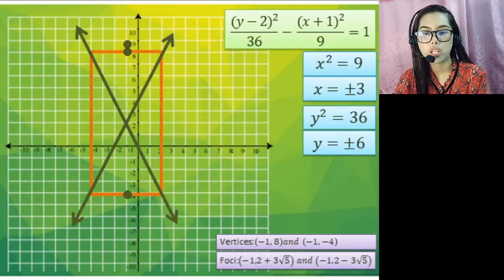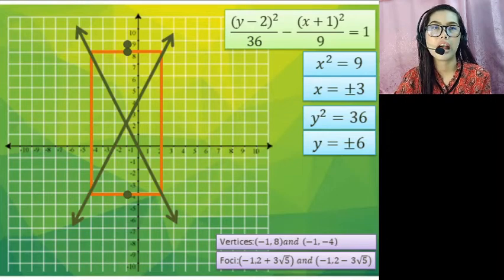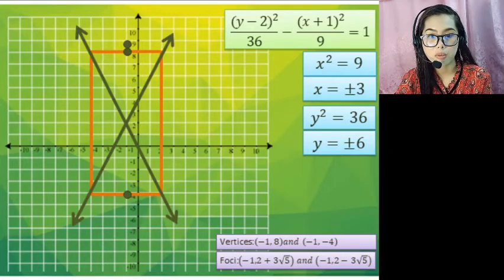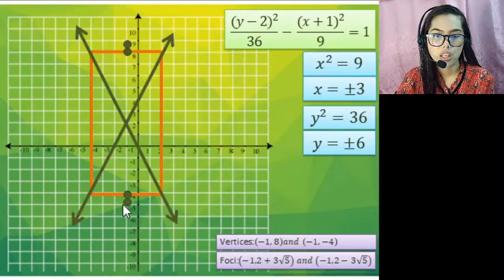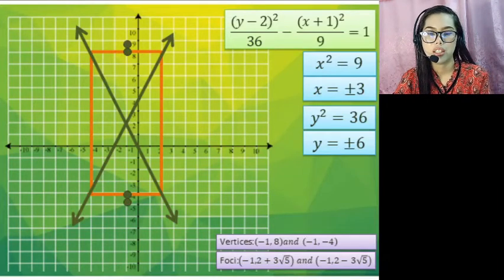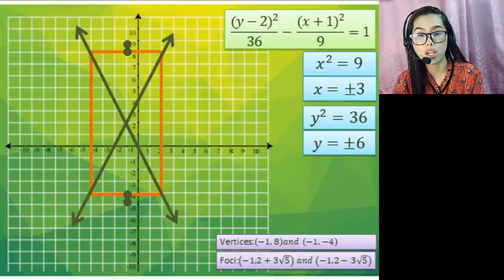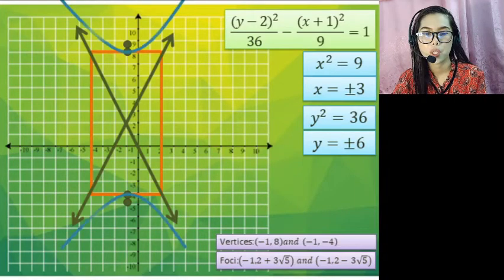And 2 minus 3√5 is around −4.7, so we have the second point here. Now we can graph our hyperbola.